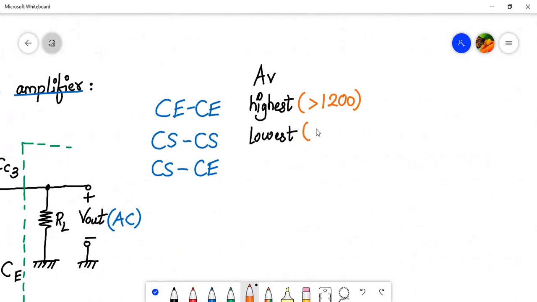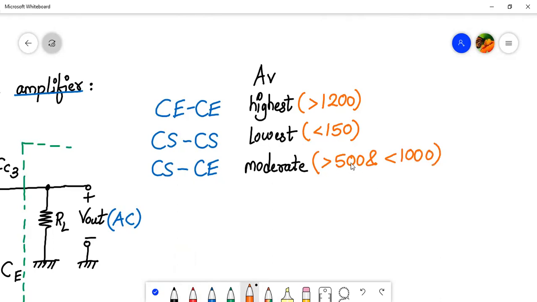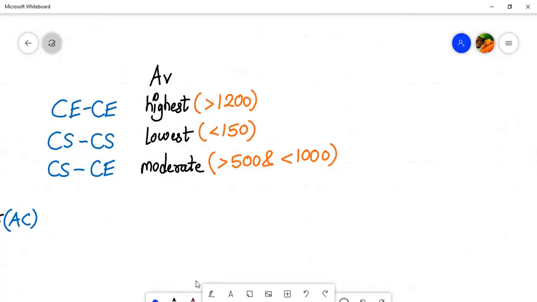Any value less than around 150 or 200 will be considered as a voltage gain for the common source amplifier. In case of common source common emitter, the voltage gain is moderate, not very high or very low, in the range of greater than 500 and less than, let's say, 1200 or 1000. So a voltage gain in the range of 500 to 1000 will be the voltage gain for the common source common emitter amplifier.